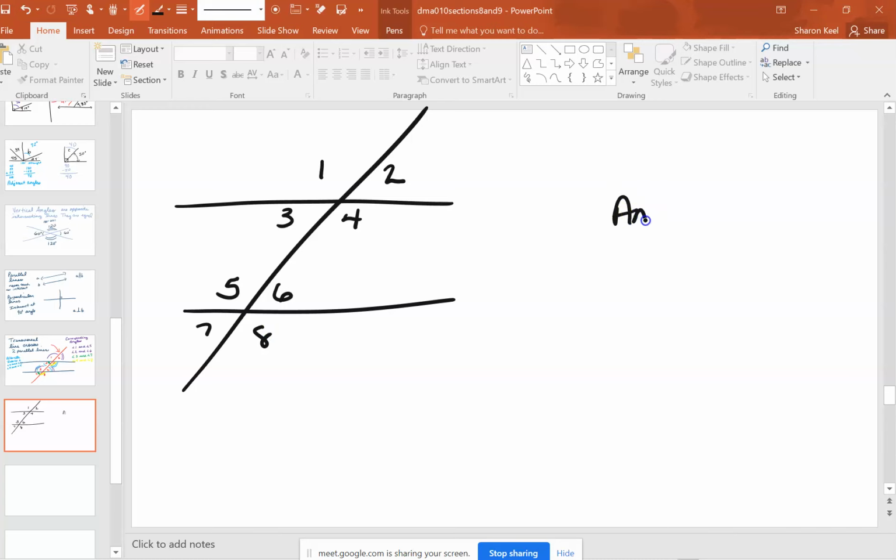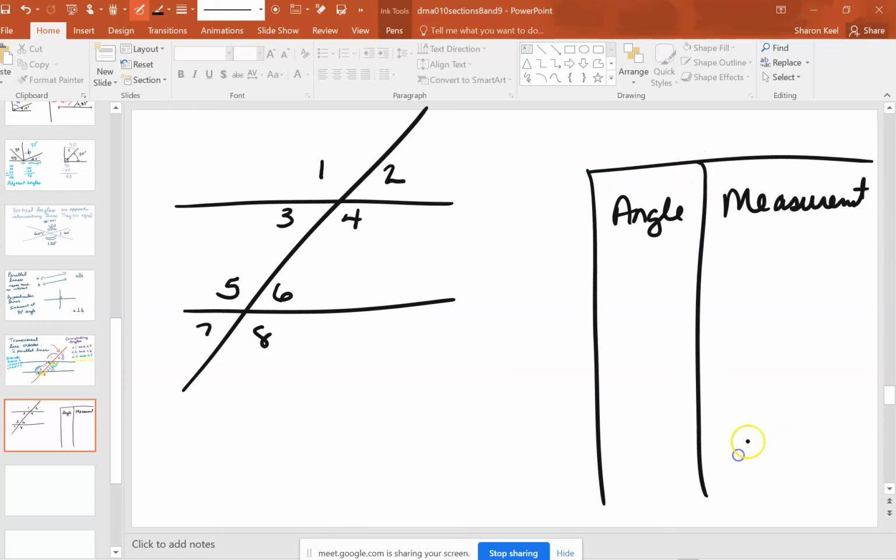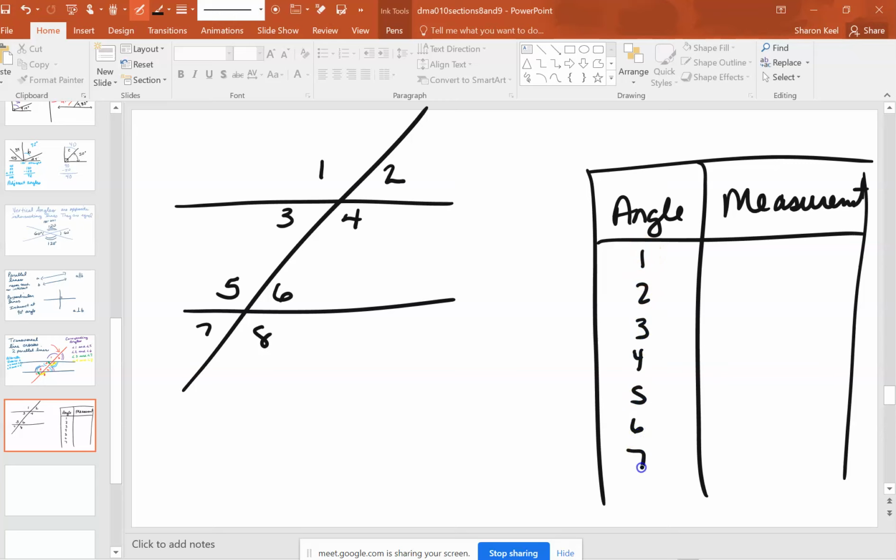They give you the angle, and they ask you for the measurement. They do it in 2 columns. I'm writing it in 1. 1, 2, 3, 4, 5, 6, 7, 8.